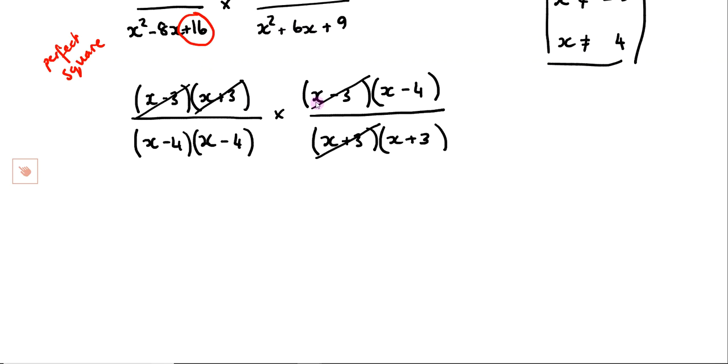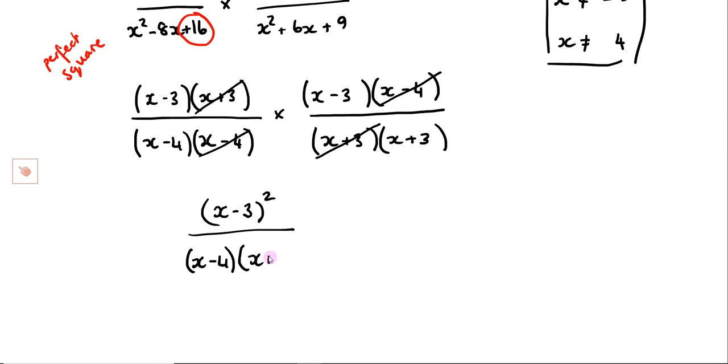That's not a divide to make 1, that's a multiply to make x minus 3 squared. X minus 4, we can, as you said, do x and x minus 4. Okay, so then we end up with x minus 3 squared over x minus 4 and x plus 3.